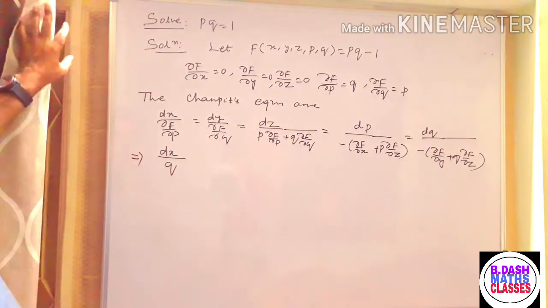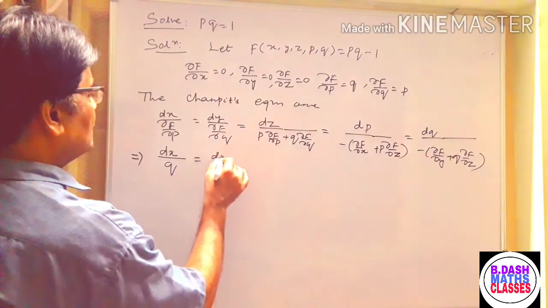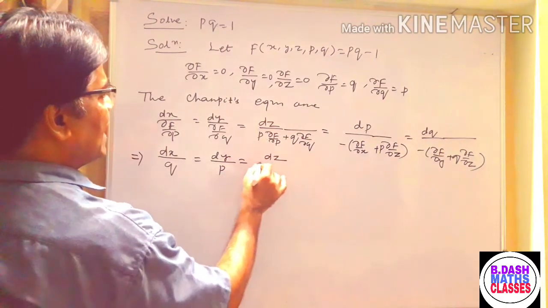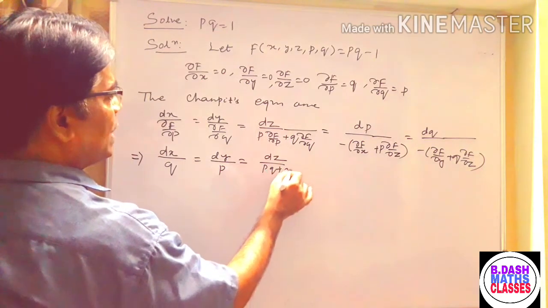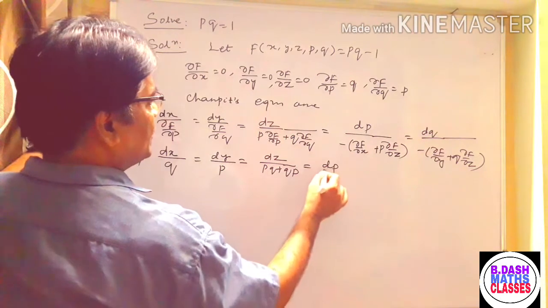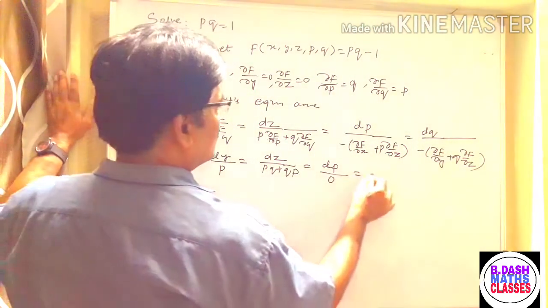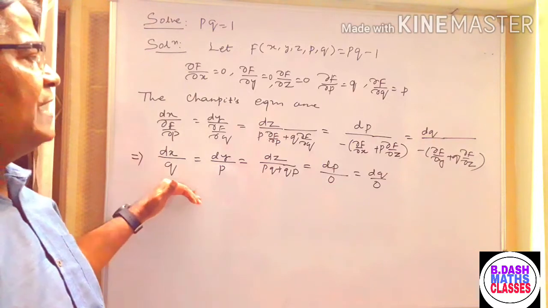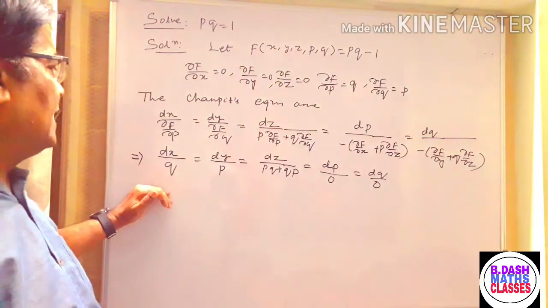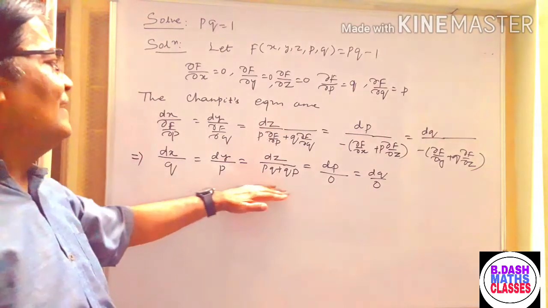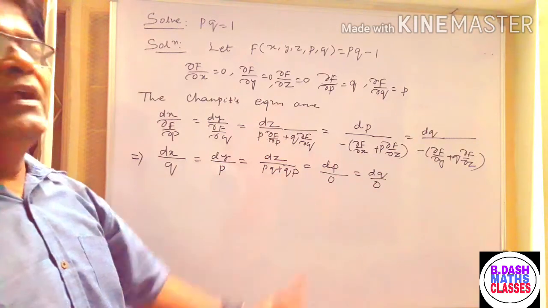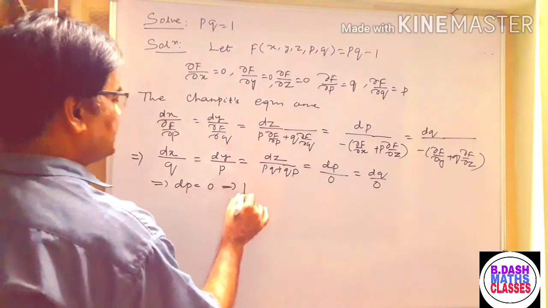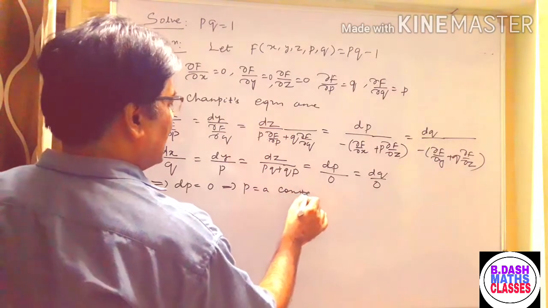So putting the values, dx by q is equal to dy by p is equal to dz by pq plus qp is equal to dp by 0 is equal to dq by 0, from which we are getting dp is equal to 0, meaning p is equal to a constant after integration.